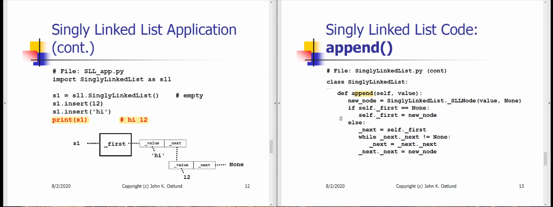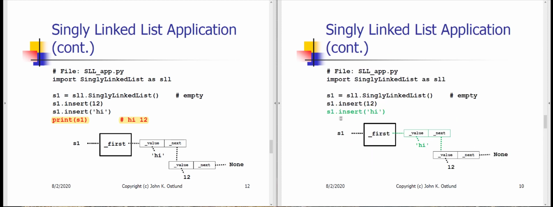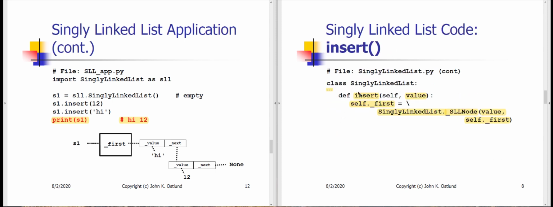Let's recall how easy insert was. For insert, all we had was a single assignment statement, and that was it. Because inserting always happens at the front of the list, and we know where the front of the list is, we can just do our insert of our new node, and we're done.